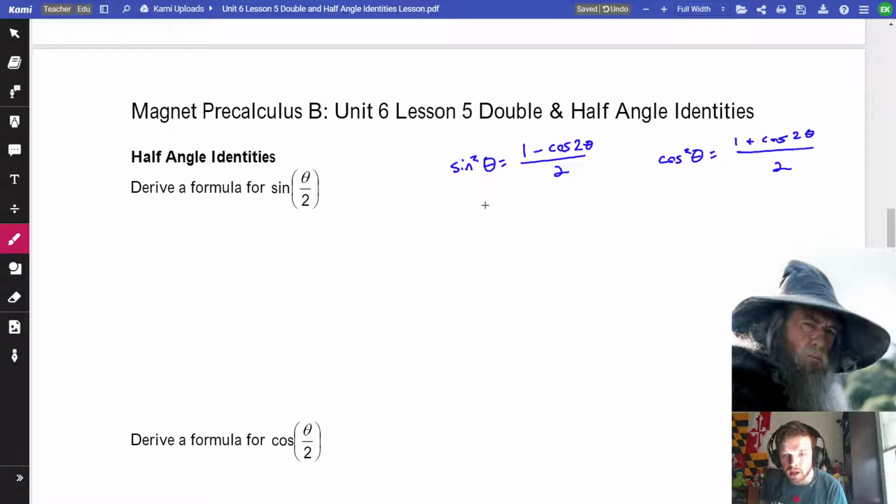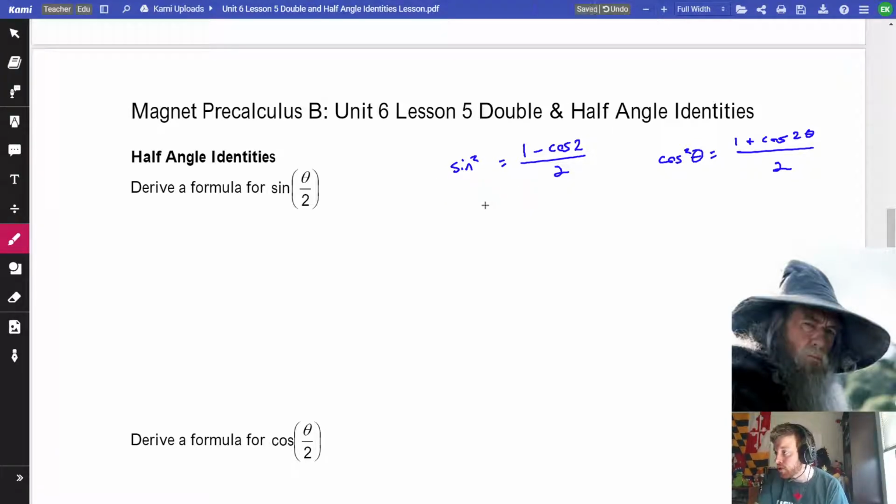We want a formula where we can evaluate sine of theta divided by 2 using a reference angle, using just pi over 6, pi over 4, pi over 3, multiples thereof. And the trick here is to use the reduction formulas. Think about it for a second.